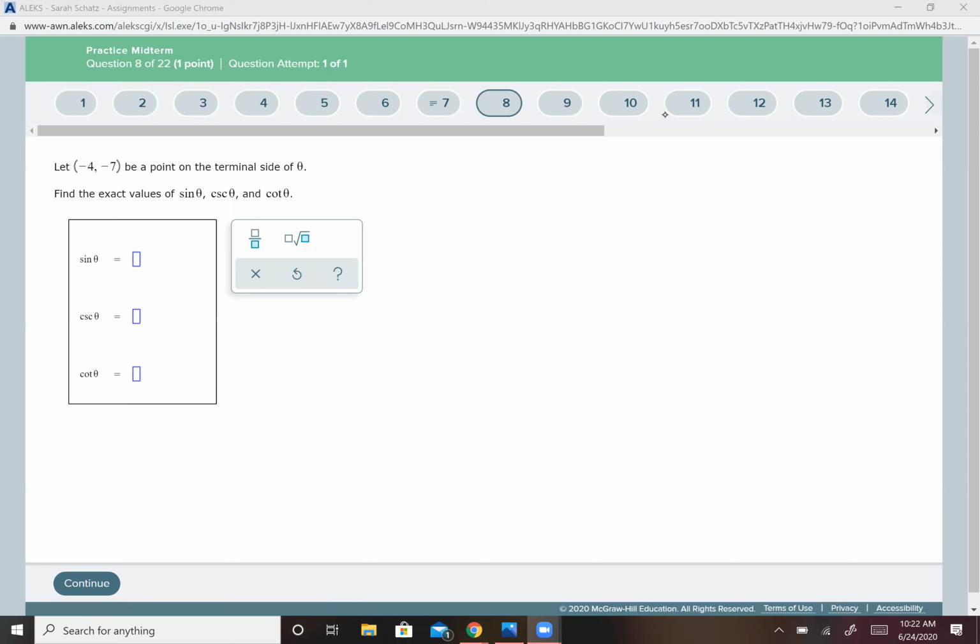All right, so I have a point, -4, -7 on the terminal side of theta. So when you're reading this question, if you want to think about it as a picture, you can. You don't have to. I'm sorry, just a second. I think my dog has a bottle and it's very loud.